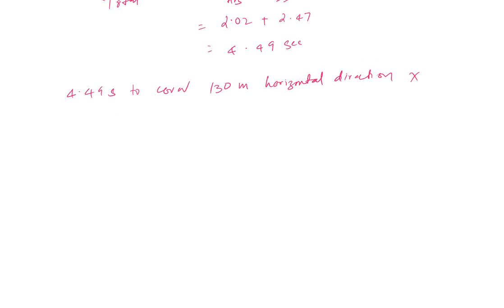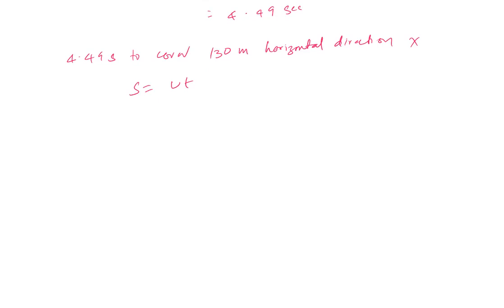Okay, so we know time, we know the distance, s equals ut. There is no acceleration because what did we say? The horizontal component of the velocity remains the same throughout, it doesn't decrease, doesn't increase. So the plus half at squared becomes 0, because acceleration is 0.